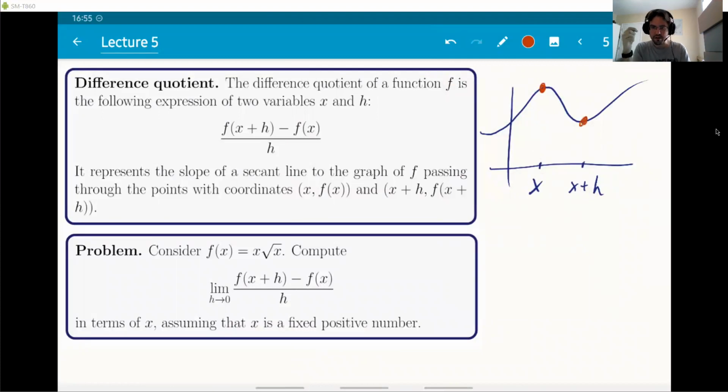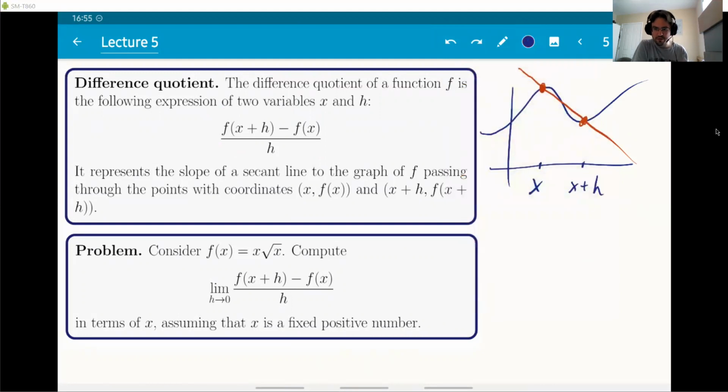It's called the secant line. The line that crosses those 2 points on the graph, the point above x and the point above x plus h. That line, if you try to compute its slope by looking at delta y over delta x, it will give you this expression. Geometrically, this is what it represents. But for us, later, this will appear when we talk about the derivative.